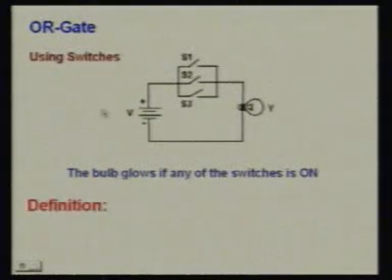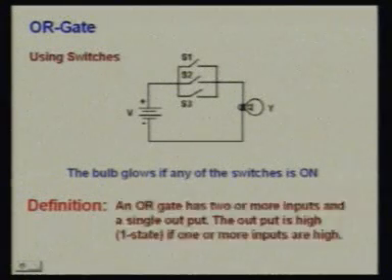So now we will define the OR gate. An OR gate has two or more inputs and a single output. If we recognize S1, S2, S3 as inputs and Y, the glowing of the bulb, as the output, the output is high, that is in one state, if one or more inputs are high.